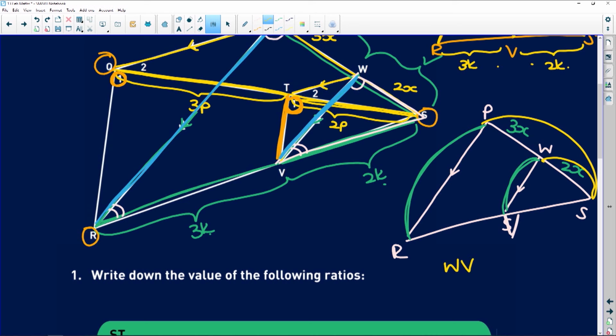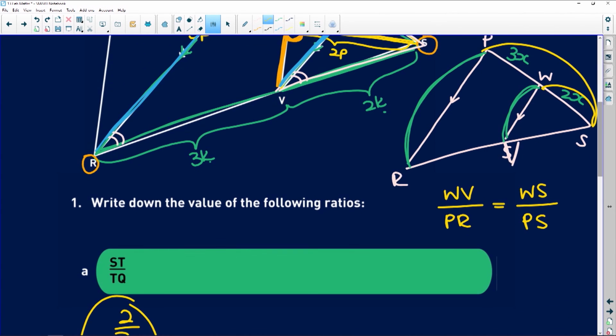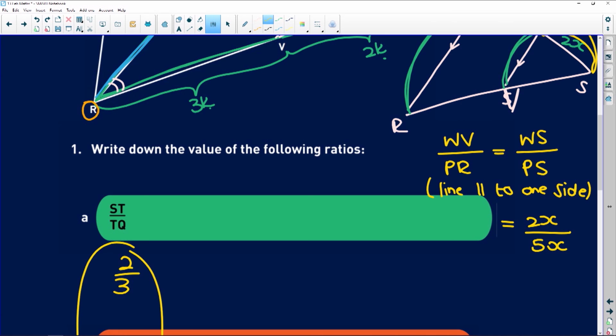WV to PR is equal to WS to PS. Okay, and the reason is line parallel to one side, which means that it is equal to WS, we said was 2x, and PS will be the sum of those two sides, which is 5x. So that means that this whole ratio that we need to prove here is equal to 2 over 5.